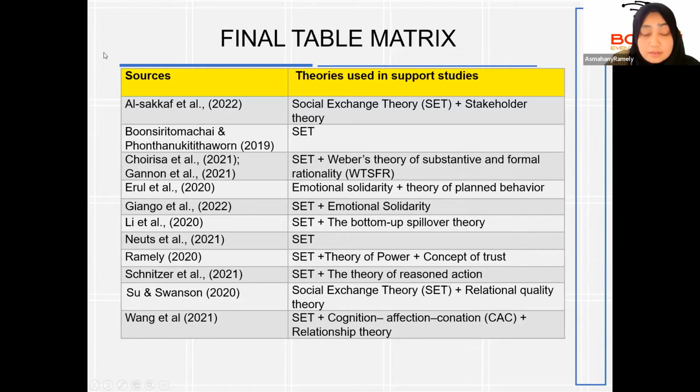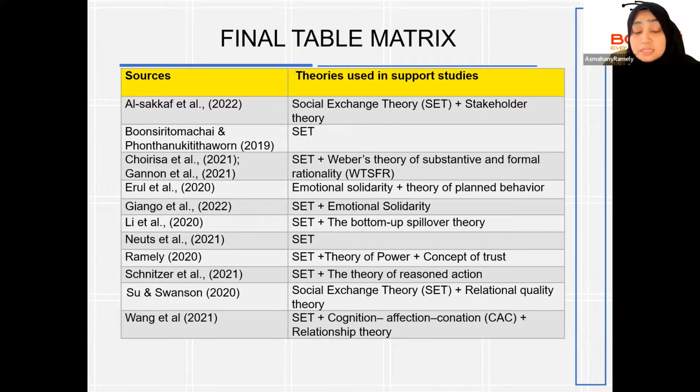If this is our final table matrix, and we notice that out of the 20 articles, the majority of the scholars of the previous studies use social action theory, that is a good sign telling us that when we want to examine resident support, social action theory is the best theory for us to use.